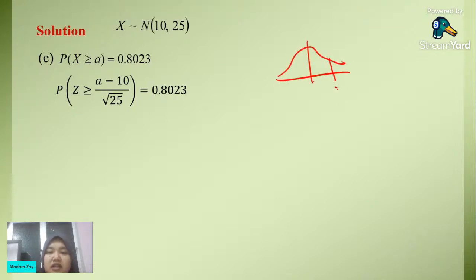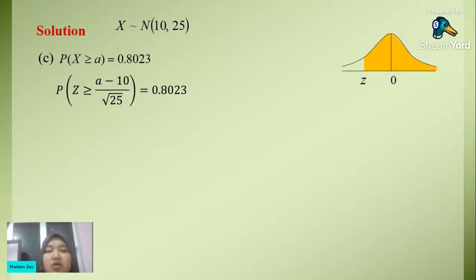So this is Z, and we want to take the area on the right side of Z. This is really small, right? The biggest we have is 0.5, but here it is more than 0.5. So actually our Z is on the left of 0.